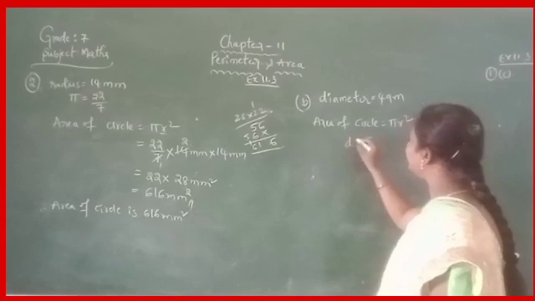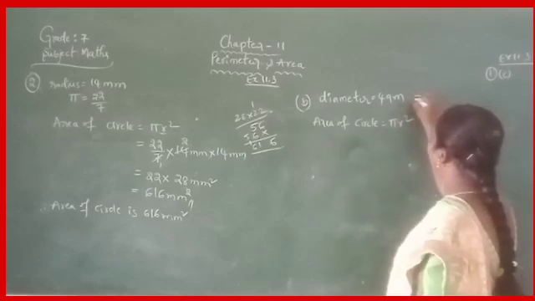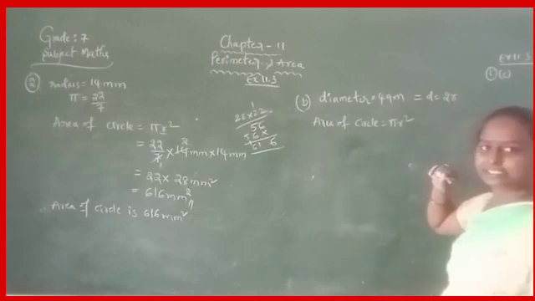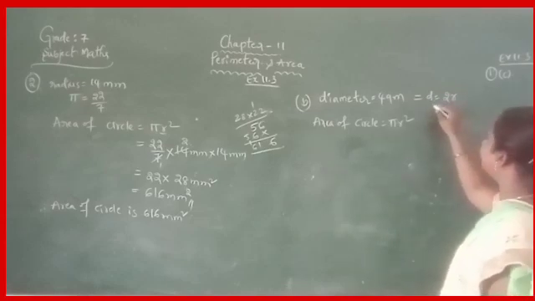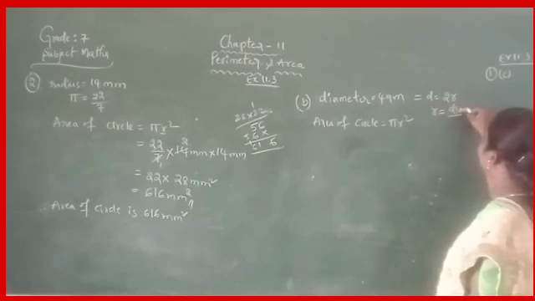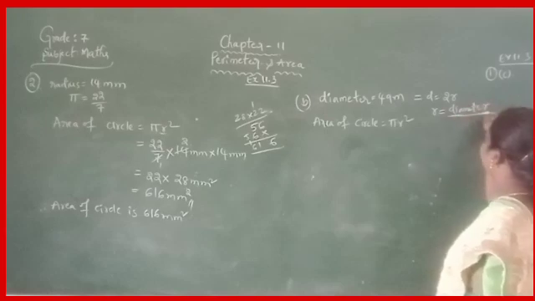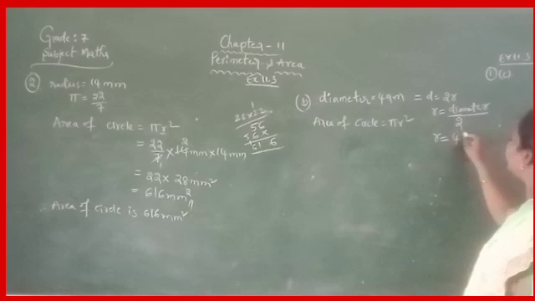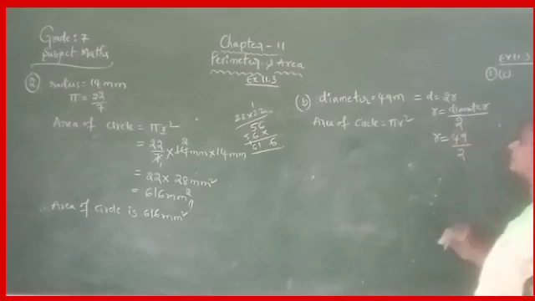Diameter is equal to 2 times the radius, so radius is equal to diameter by 2. Radius is equal to 49 by 2. So now tell me, what is the diameter here?